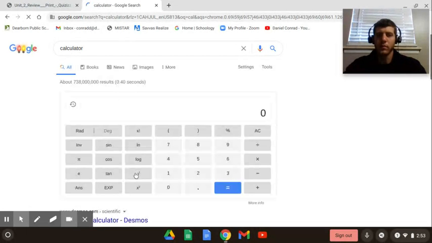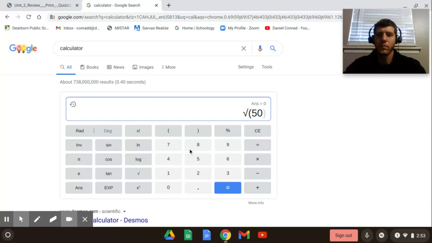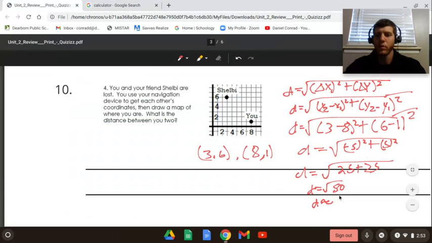Square root of 50 is going to be like 7.1. Yep, approximately 7.1. Okay, so there's your distance.